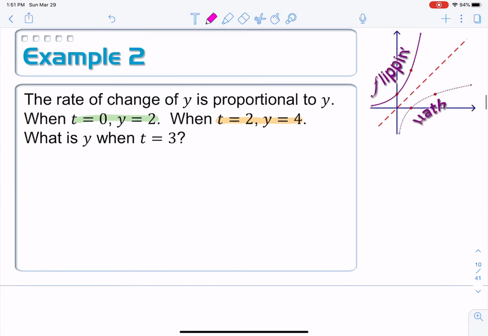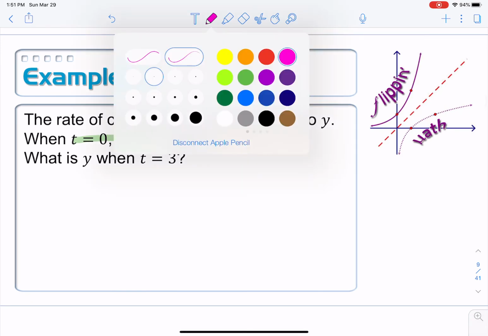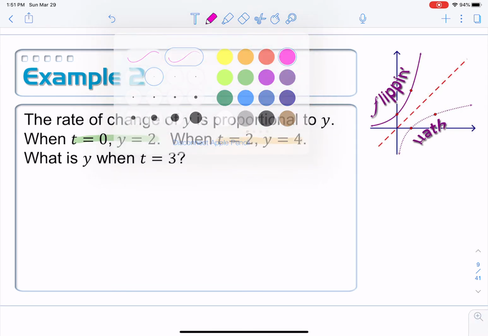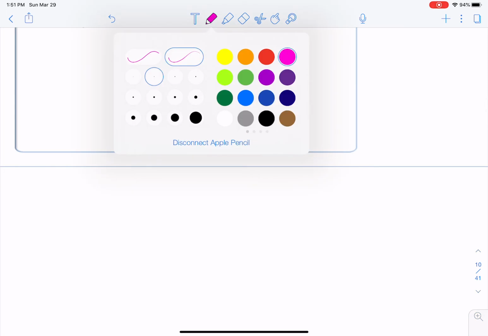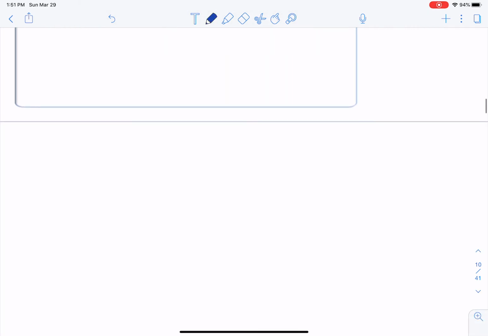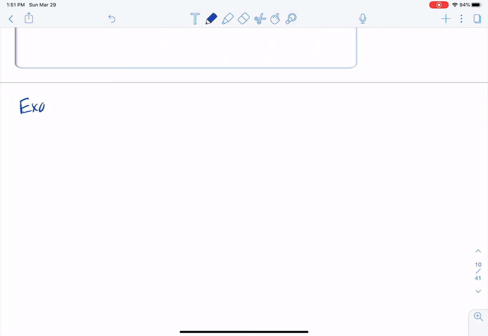So let's take a look at this one. In this next example, which I'm going to call example 2, it says that the rate of change of y, so y prime, is directly proportional to y.